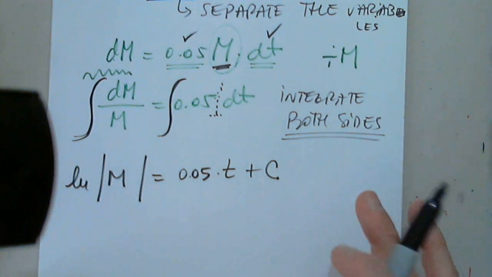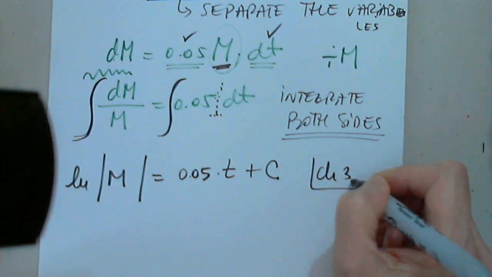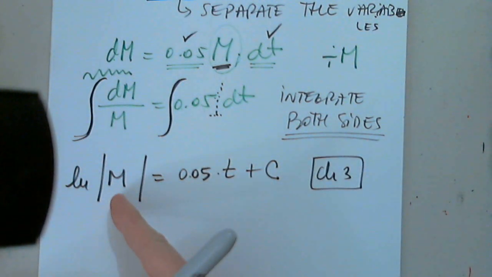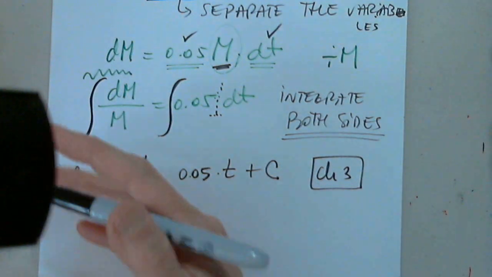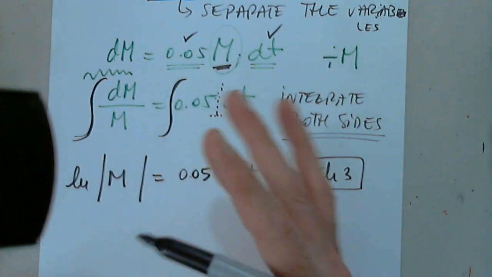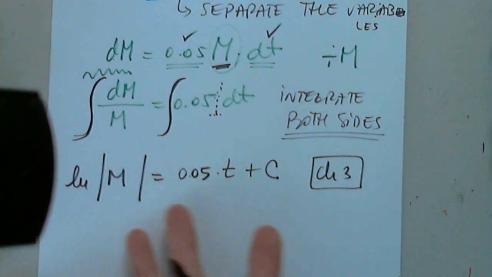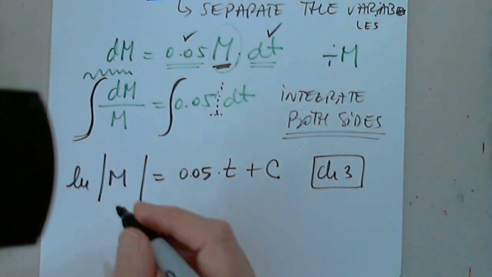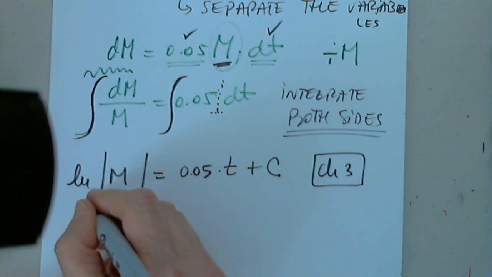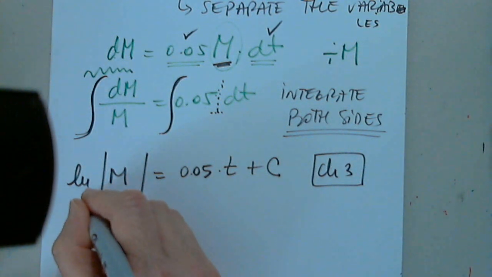Now, from chapter 3, we have to be able to solve for m. So this is all algebra. From this moment on, there is no calculus here. What is the base of natural log? I don't see a base, but we know what it is. What is it? E, right?